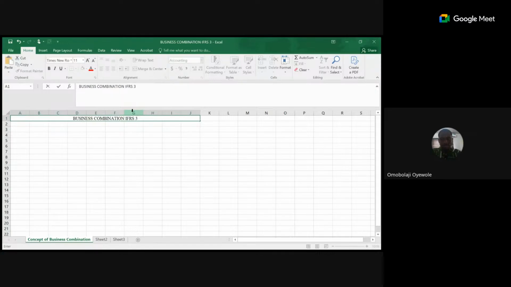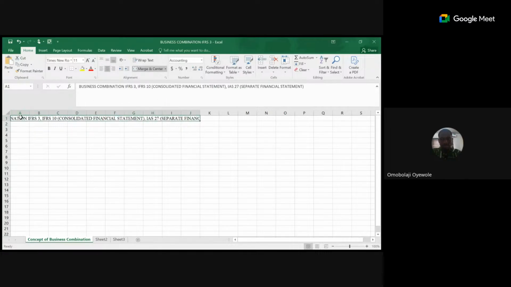The topic is actually broken down into different segments: business combination, IFRS 3, and together with it, we are going to be looking at IFRS 10, which talks about a consolidated financial statement, and IAS 27, which talks about a separate financial statement. So that's the concept of everything.